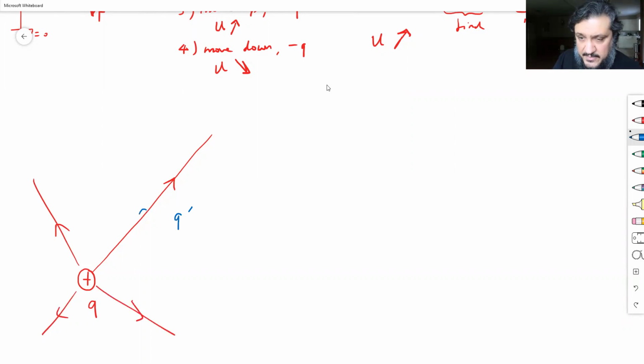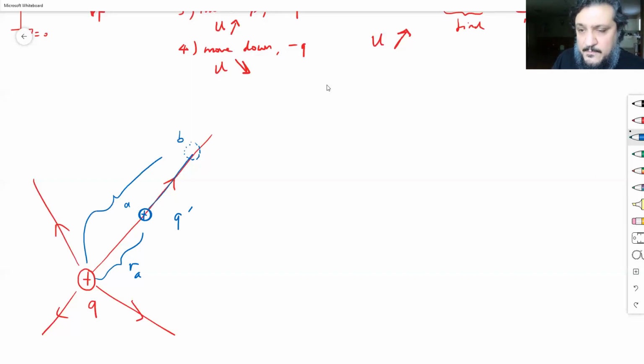And it's right there, a positive test charge, if you will. Initially it is RA away from the first charge. This is point A. And it's going to move along this path to point B. So that will be RB away from the first charge.